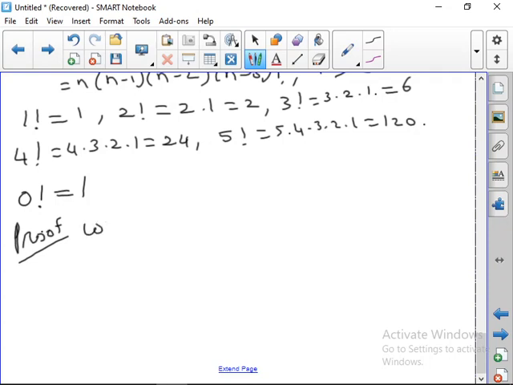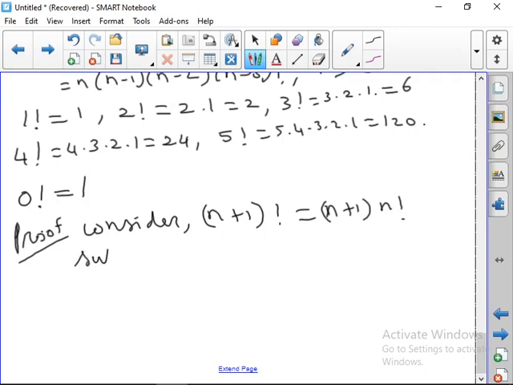So consider n plus 1 factorial. n factorial is equal to n into n minus 1 factorial. So what about n plus 1 factorial? n plus 1 into n factorial, no? So which concept have we used? n factorial is equal to n into n minus 1 factorial. So here you substitute n equal to 0.